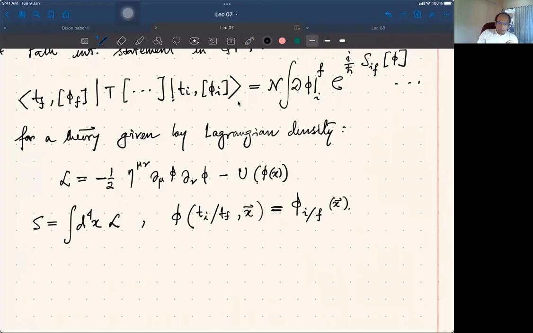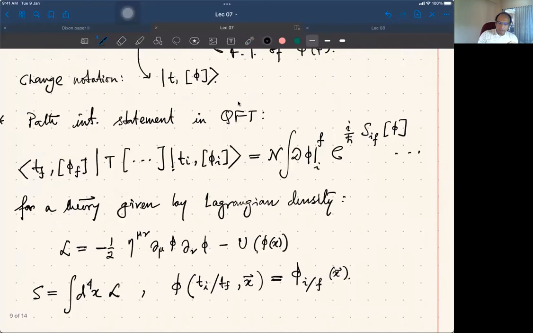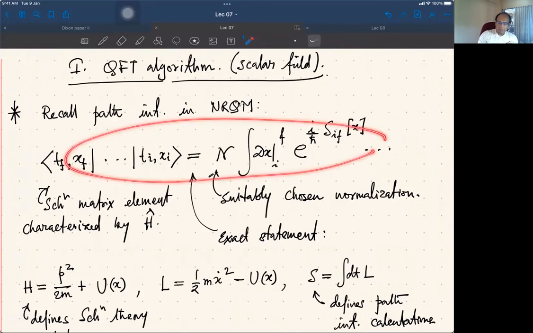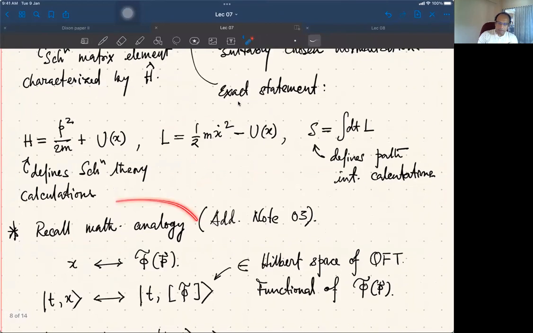Now, how do I arrive at this statement? Actually, it is just a direct generalization of the non-relativistic statement here, because you can just go ahead with this mathematical analogy, the way I have been developing all the definitions and so on.